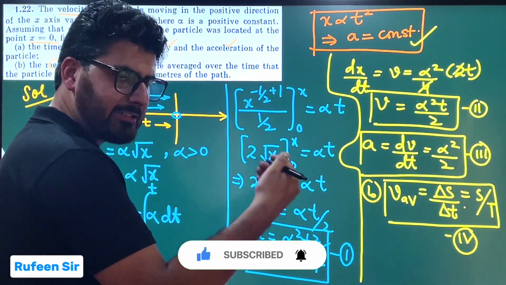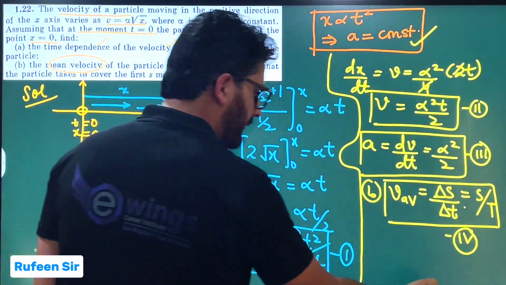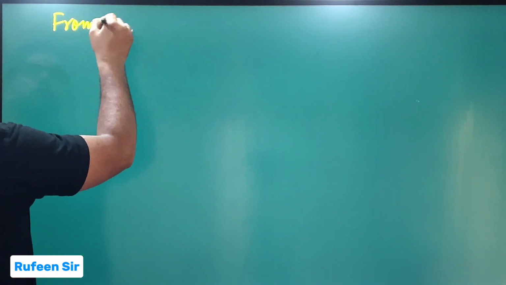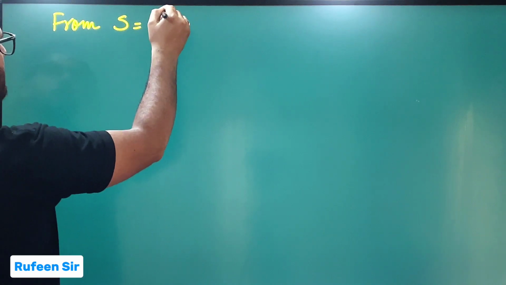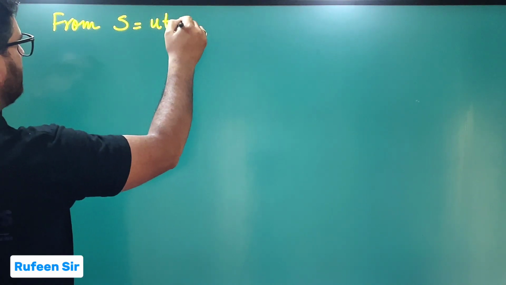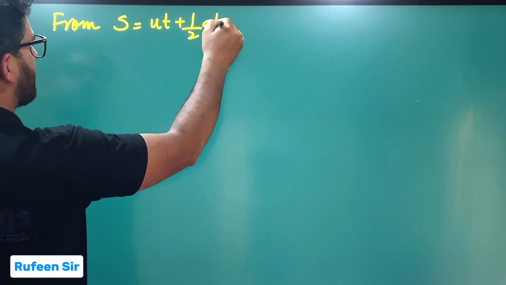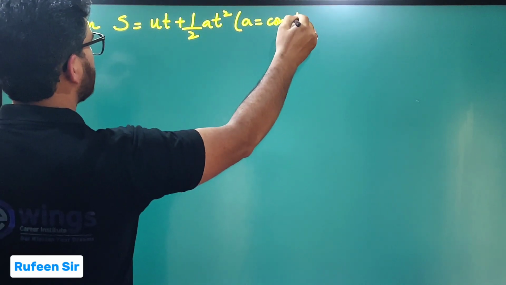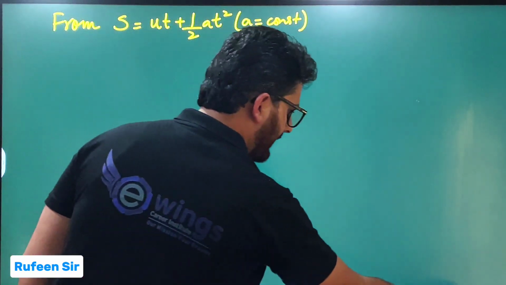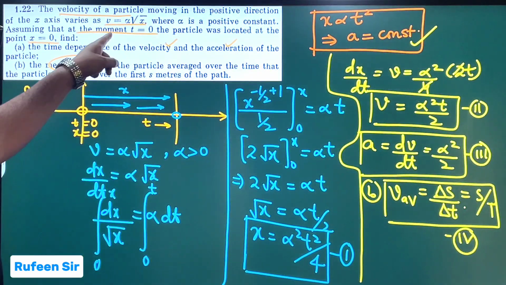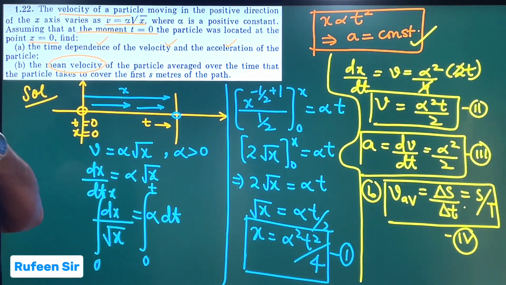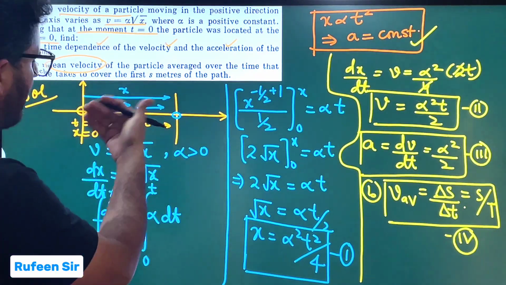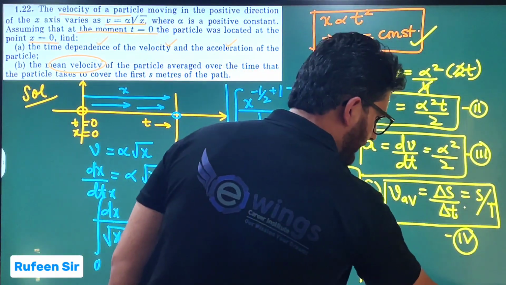As acceleration is constant, I can apply the equations of uniformly accelerated motion, s is equal to ut plus half of at square. Initial velocity, can you tell me? At t is equal to 0, the particle was at origin, and if nothing is given regarding the velocity, we can assume it has started from rest.